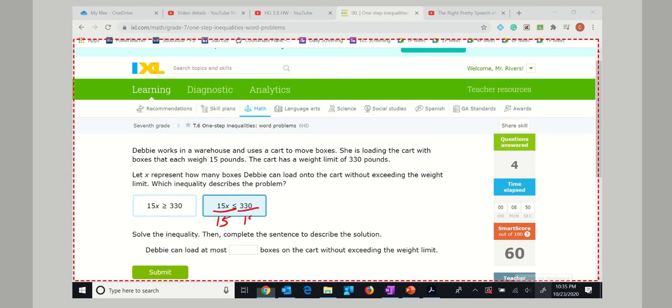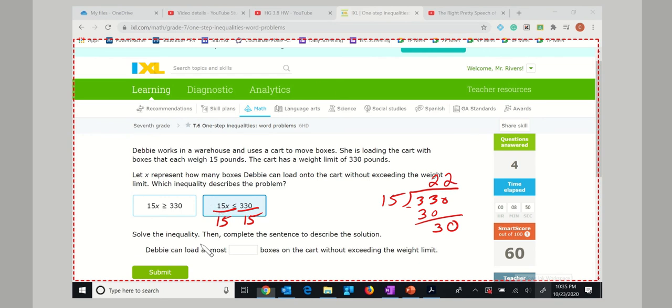Divide by 15 on the left, divide by 15 on the right. 15, 330 underneath. 15 goes into 33 2 times. 15 multiplied by 2 is 30. We subtract. 33 minus 30 is 3. Bring down the 0. 15 goes into 30 2 times. So she can load 22 of these 15-pound boxes.